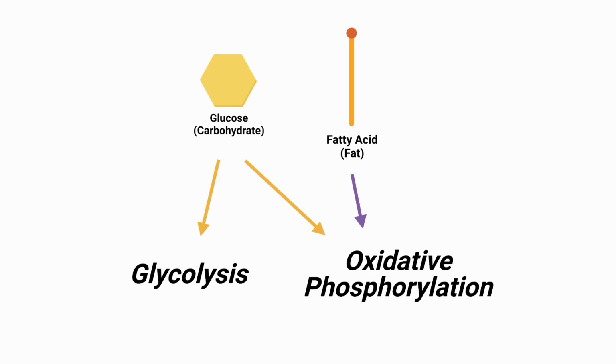That's the shortened version of that. So the cell can either allow glycolysis to break down this carbohydrate molecule and generate ATP out of that, or it can have this carbohydrate molecule continue on and go to OXPHOS and generate more ATP. And the distinction of why the cell would use one or the other is dependent on the cell's situation.